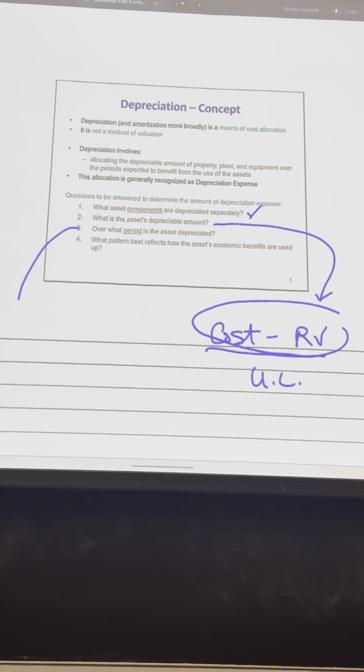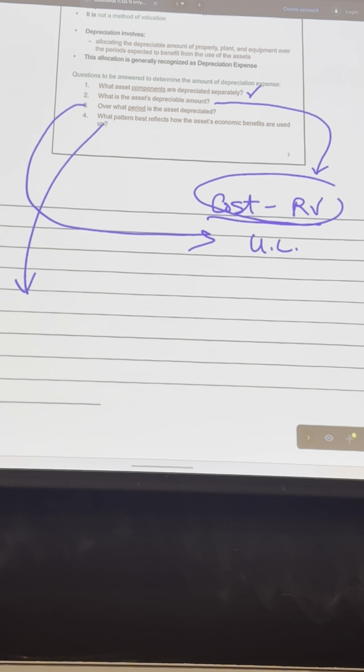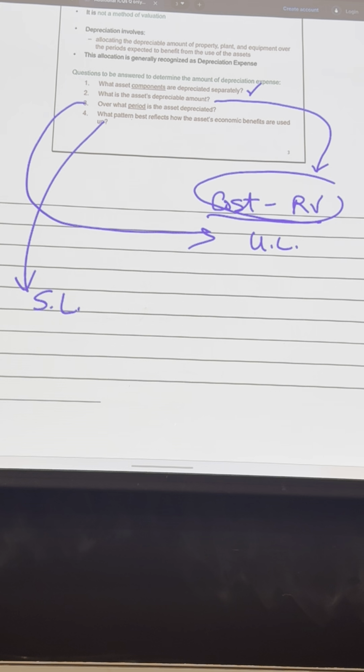You need to know the period of the life of the asset, so 5 years, 10 years, 8 years, whatever it is. And you need to know the pattern. So this one here is all about straight line, units of production, or declining balance.